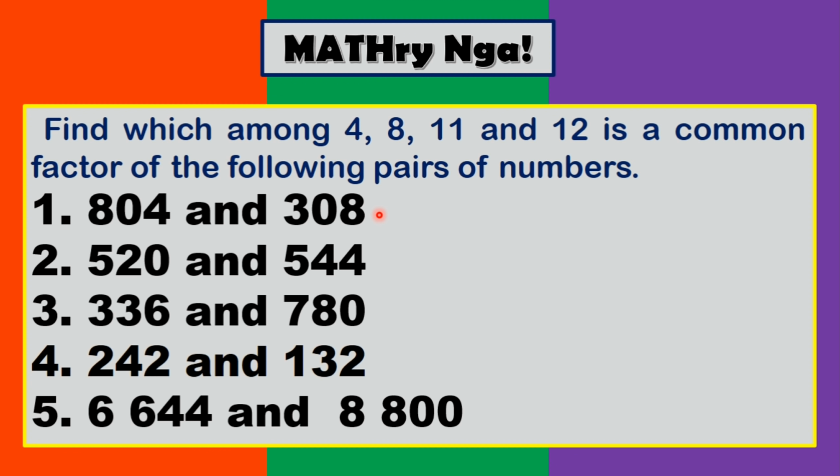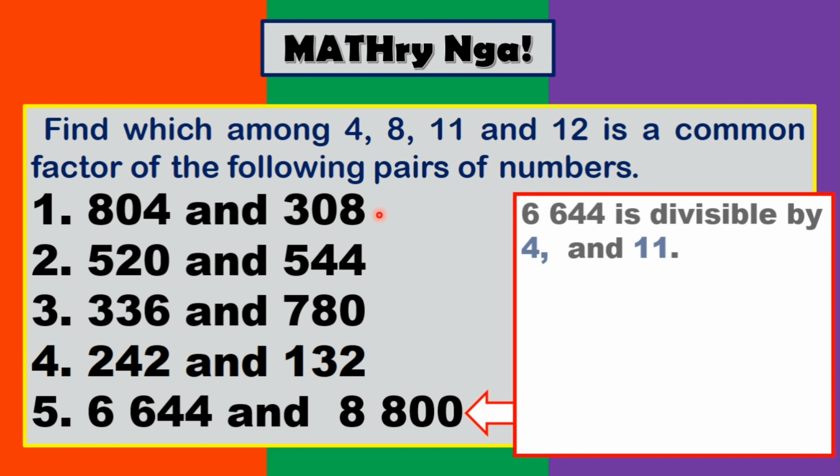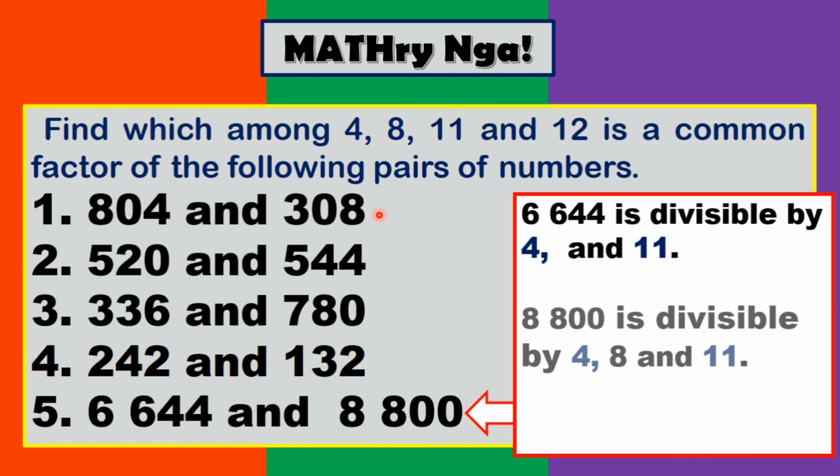Let's check and compare our answer. 6,644 is divisible by 4 and 11, while 8,800 is divisible by 4, 8, and 11. Therefore, their common factors are 4 and 11. You got it? Congratulations!